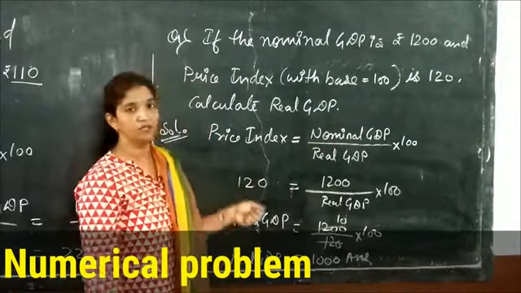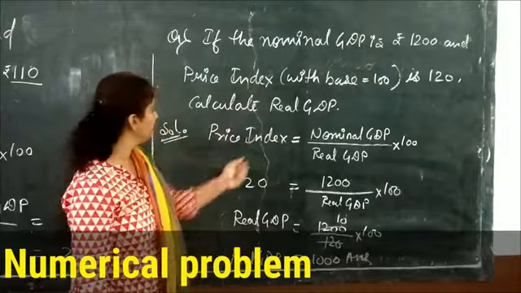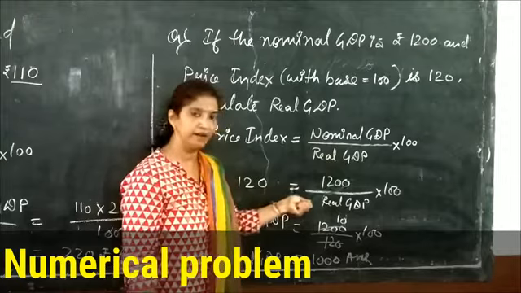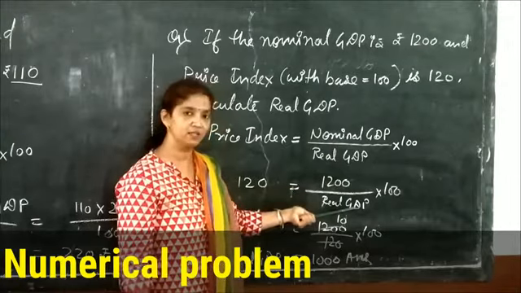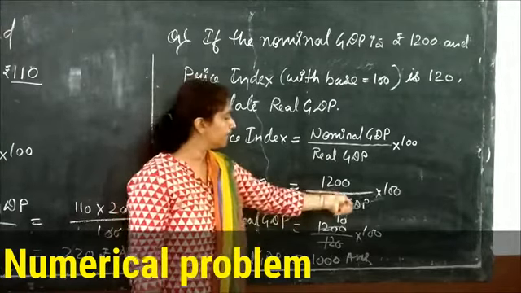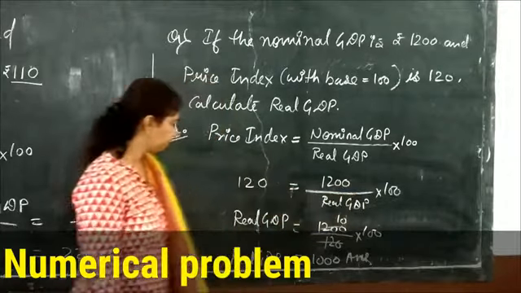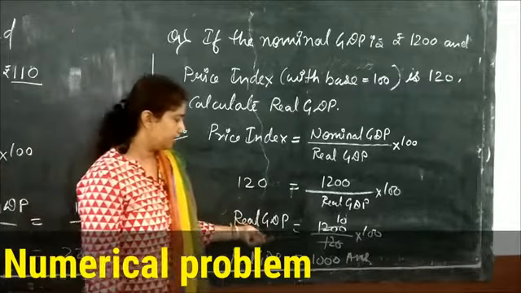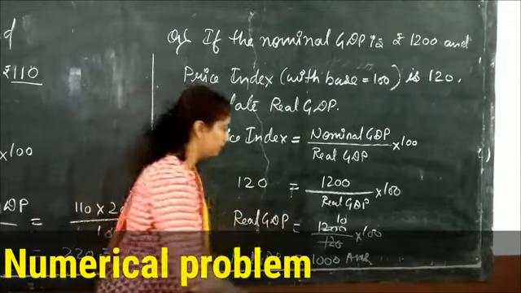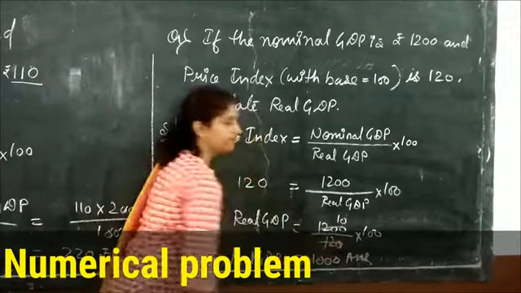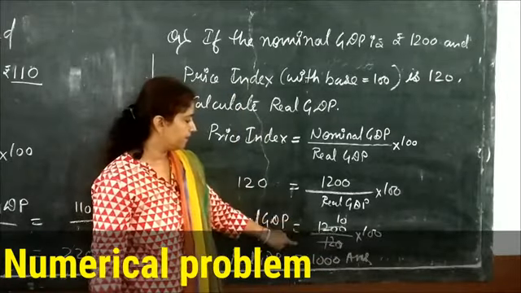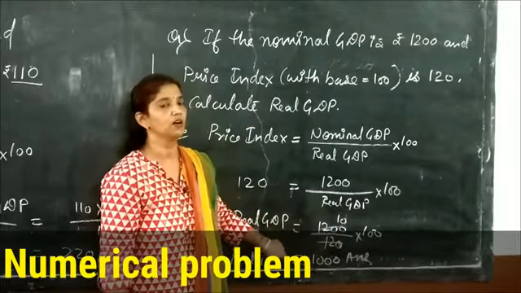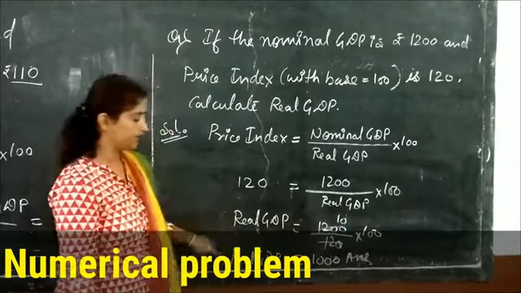Now we put in all the values given in the question. Price index is 120, nominal GDP is 1200, divided by real GDP, which is not given, so we have to calculate it, multiplied by 100. After solving for real GDP, we get 1200 divided by 120 multiplied by 100. 1200 divided by 120 is 10. 10 multiplied by 100 gives 1000, and 1000 is the real GDP.